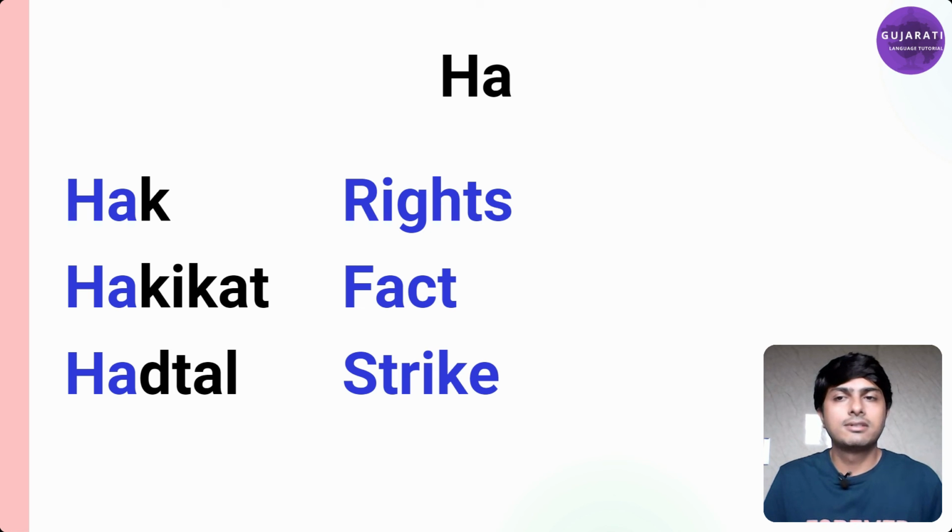Rights means Haq, fact means Hakikat, then strike means Hadtal. So if you see, all these words started with HA. Rights means Haq, fact means Hakikat, and strike means Hadtal.